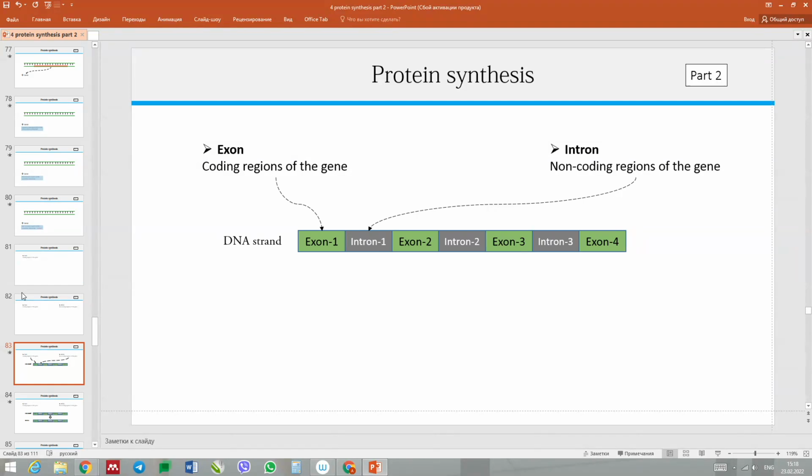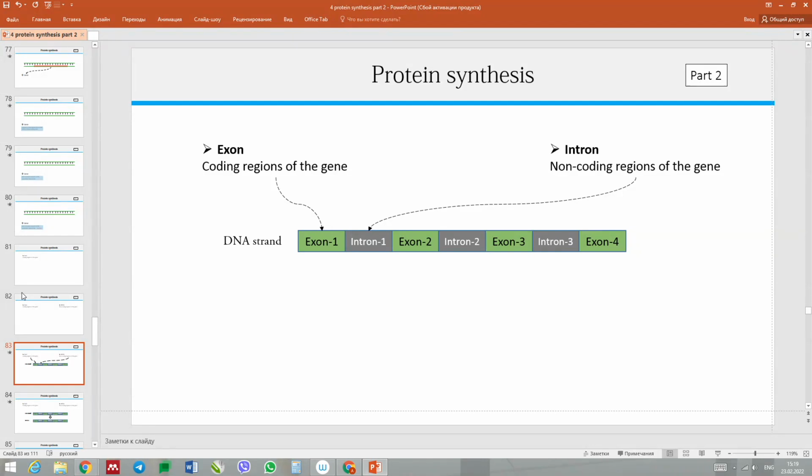This is how it looks. Here you see a DNA strand, and a fragment of DNA that corresponds to a gene. Inside of this gene you see exon 1, exon 2, 3, and 4, and these fragments of the gene encode information about the structure of the protein.